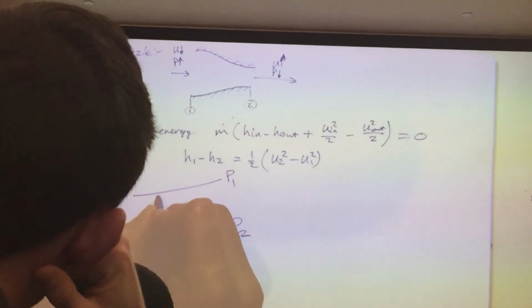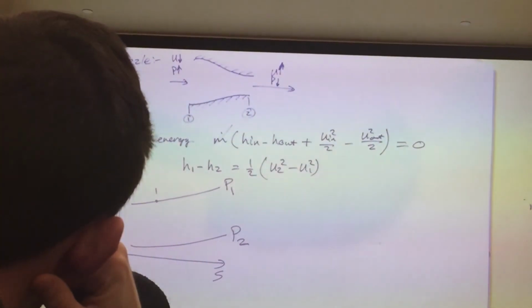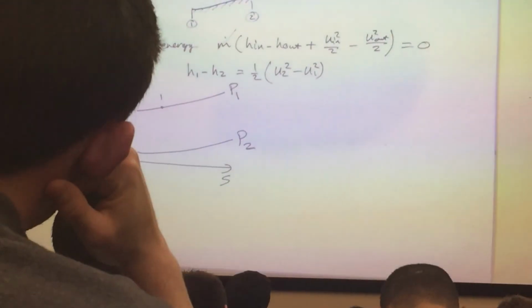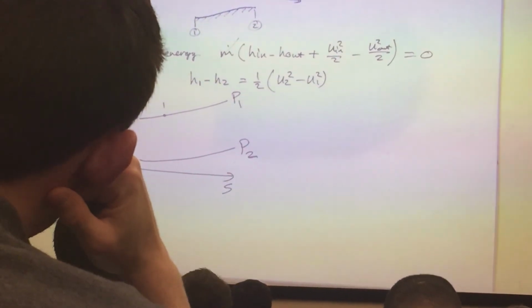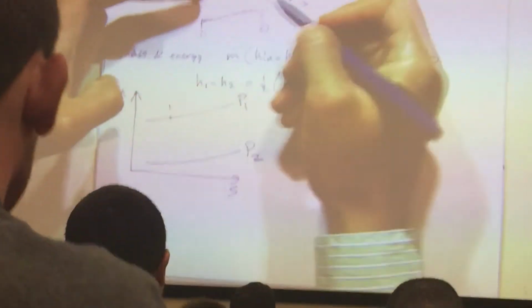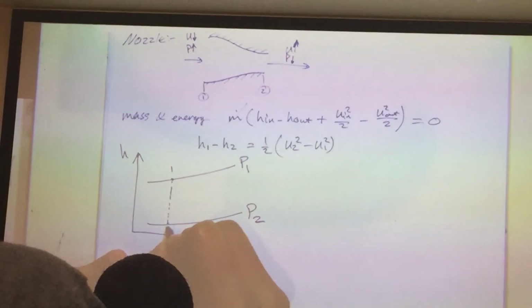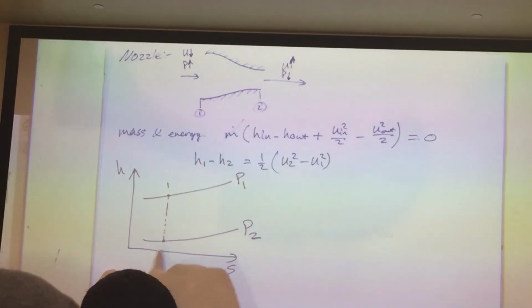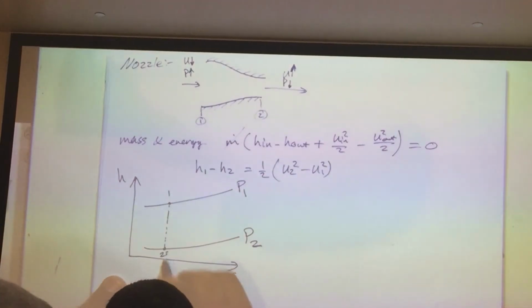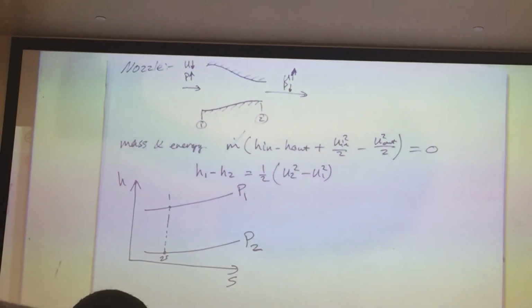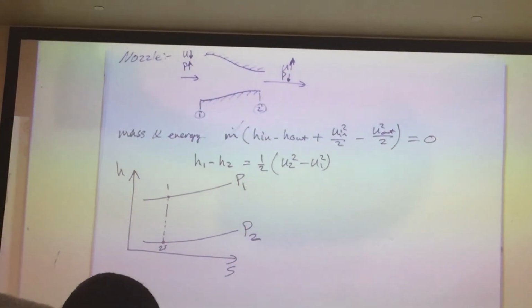So I'm starting from station 1 right here. The isentropic process, where entropy change is 0, I have no heat primarily being transferred to the gas itself. Straight down to 2. This is the isentropic process, and we're going to call this 2S, your isentropic reversible process. But that's not what happens through a nozzle.